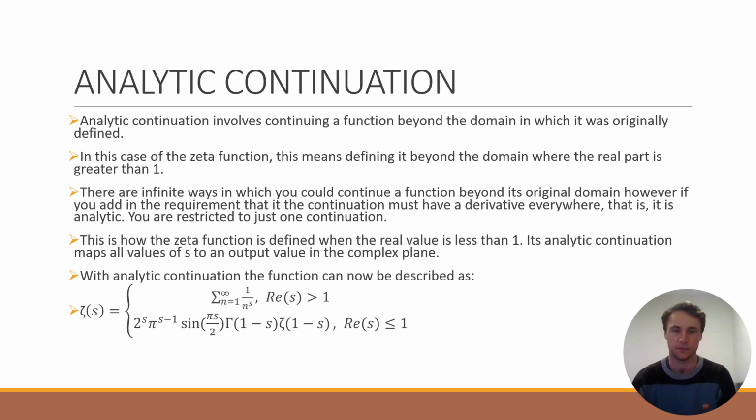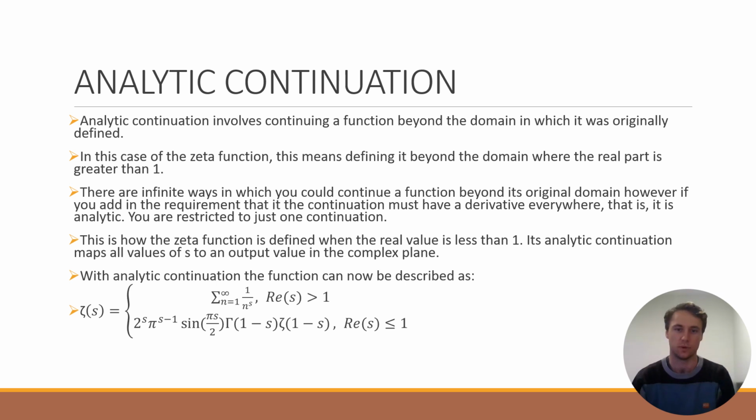So we've seen that the zeta function is only well defined when we have the real part of s greater than 1. To define the zeta function beyond that domain, where the real part of s is less than 1, we can use analytic continuation. An analytic continuation essentially means that we continue the graph of the function beyond the original domain in a way that the function remains analytic.